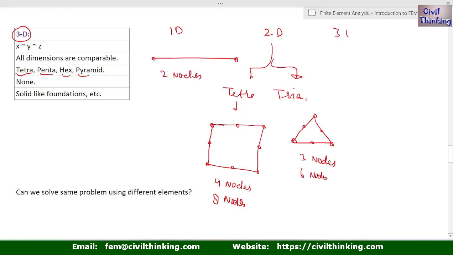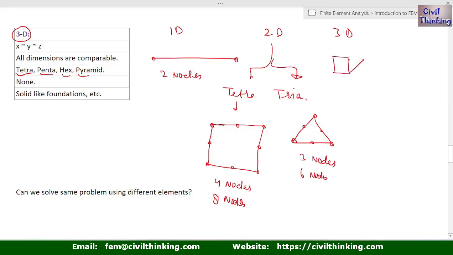Then we have 3D. When you extend these basic geometries into the other dimension, you get 3D. For example, you had this quad.